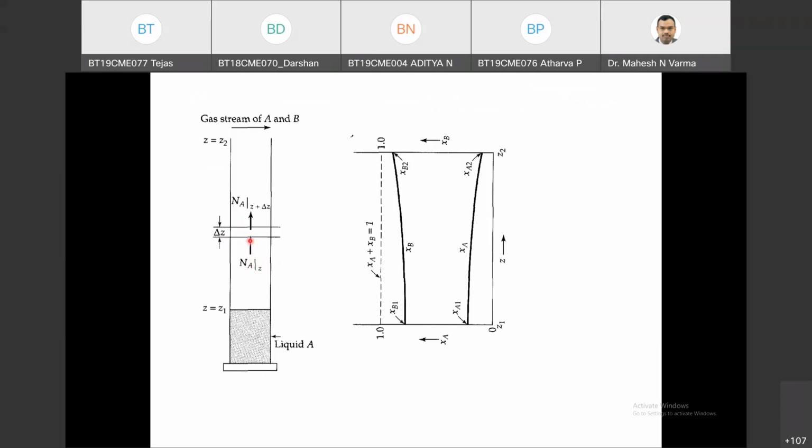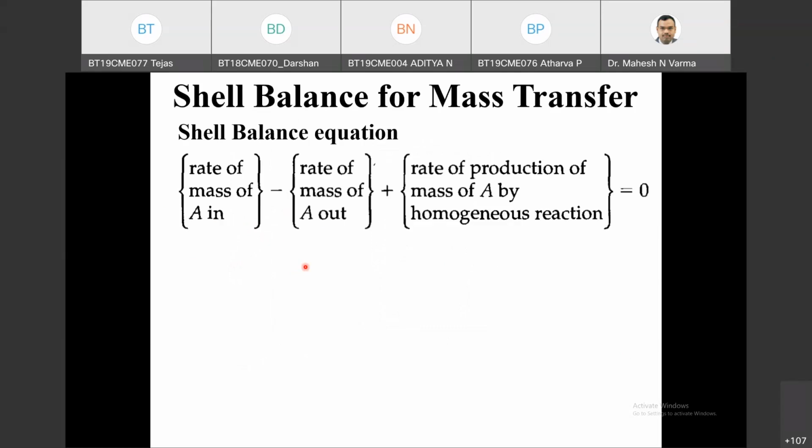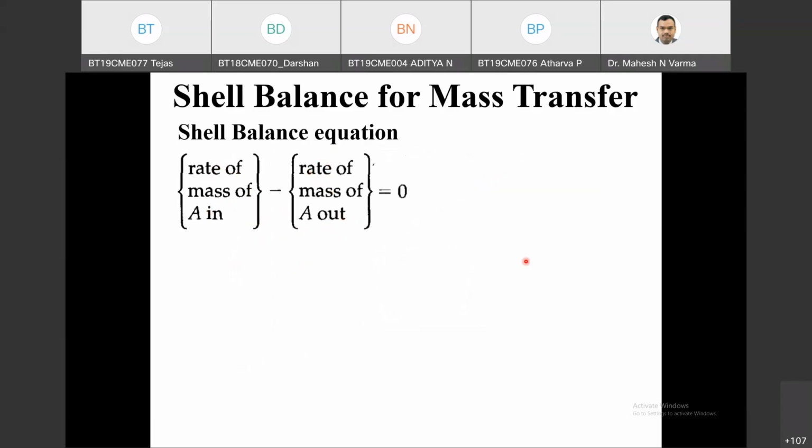Flux multiplied by cross-sectional area gives the rate of mass coming in and the rate of mass going out. There is no reaction happening, so that term will be equal to 0. The overall shell balance equation is: rate of mass coming in minus rate of mass going out equals 0.